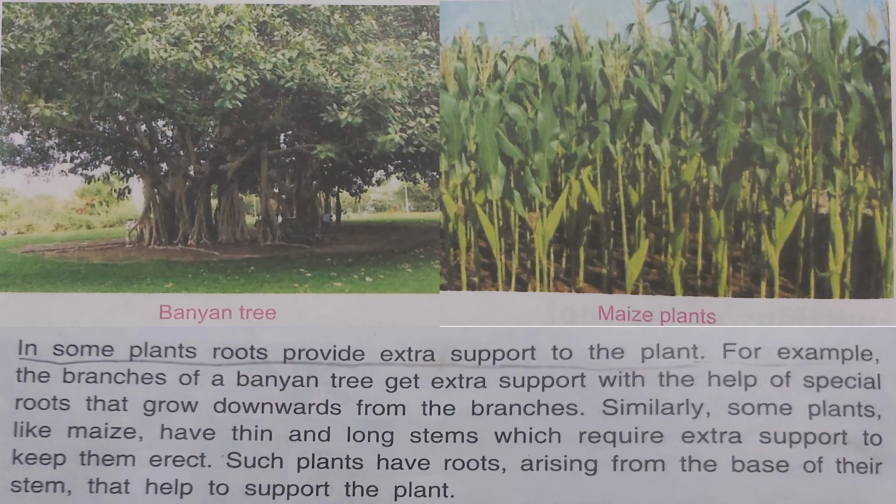Similarly, some plants like maize, see the picture on your right side of this same slide, have thin and long stems which require extra support to keep them erect. In such plants, roots rise from the base of their stem, which helps to support the plant. So in this way, banyan and maize plants' roots provide extra support to the plant.